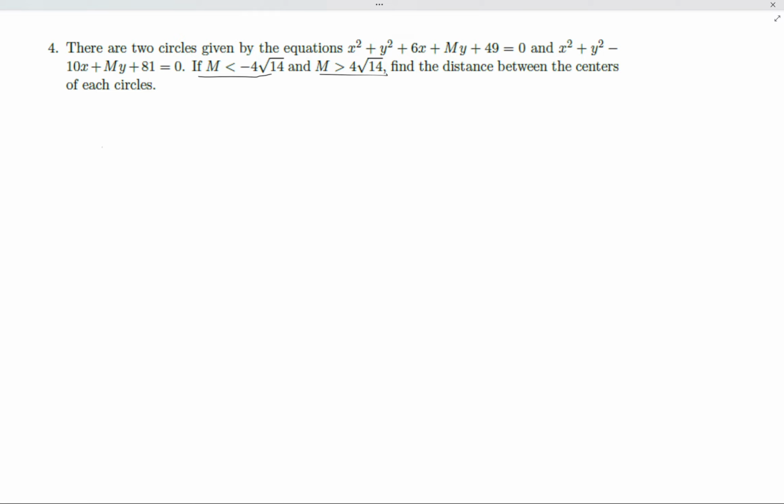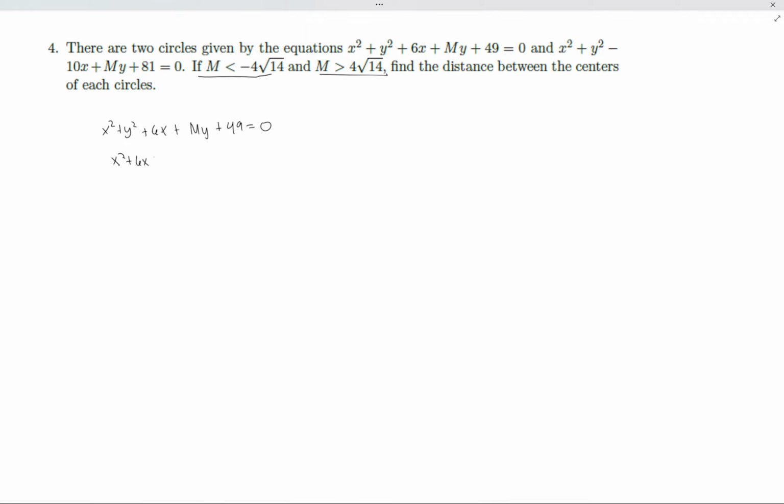So in this case, let's convert the first equation, x squared plus y squared plus 6x plus my, sorry, plus 49, to the standard form. In order to convert to the standard form, all we need to do is to group the terms.